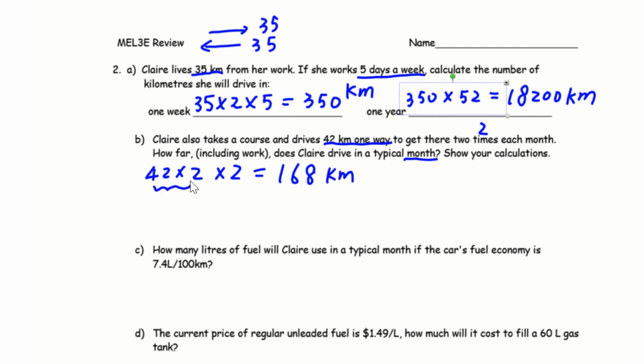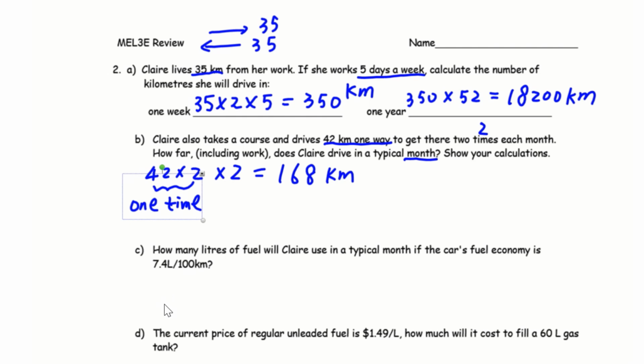So this one is for 1 day, 1 time, then times 2 for 2 times a month. Then how many liters will she use in a typical month if the car's fuel consumption is 7.4 liters per 100 kilometers?